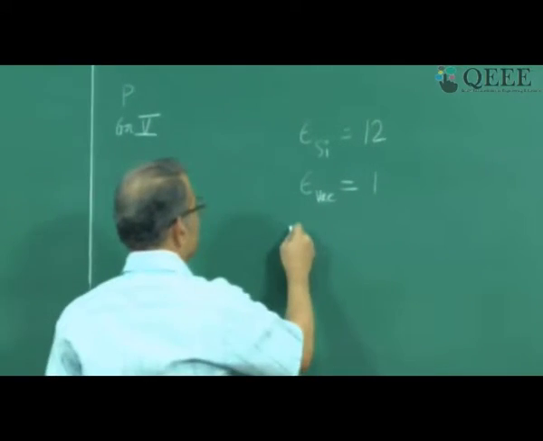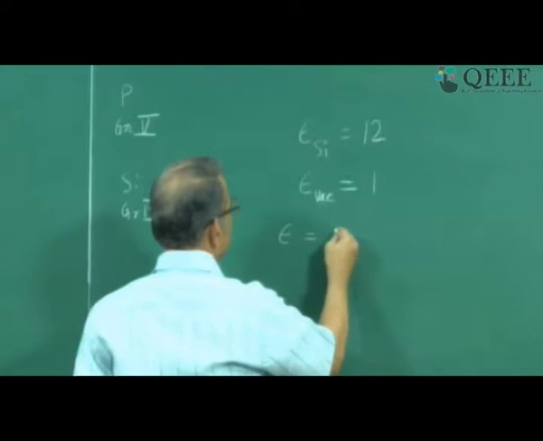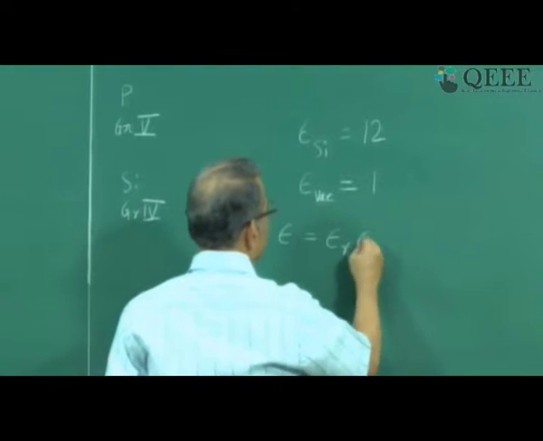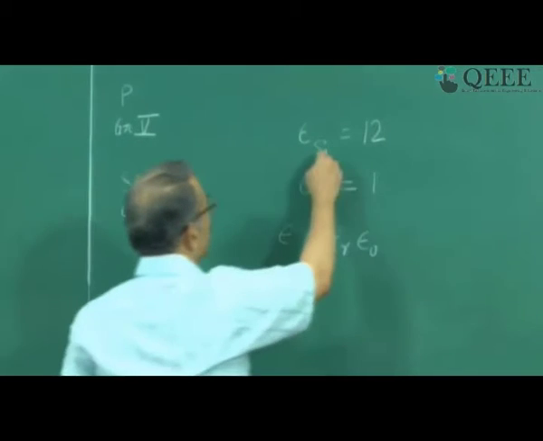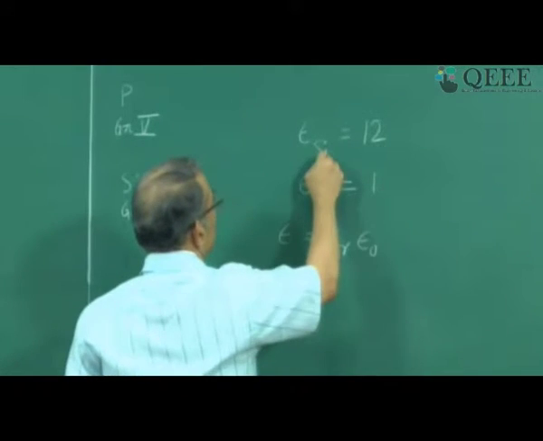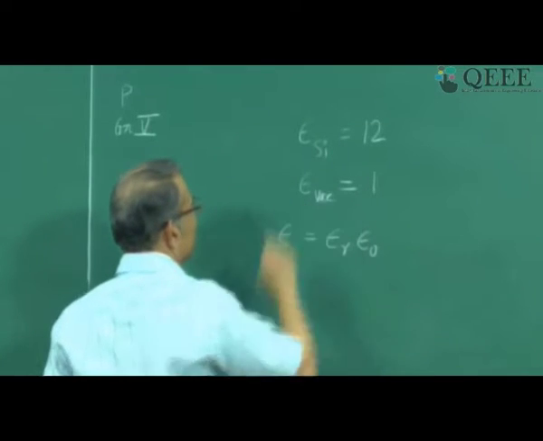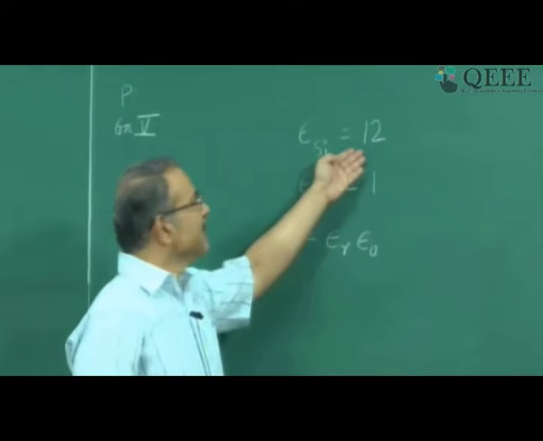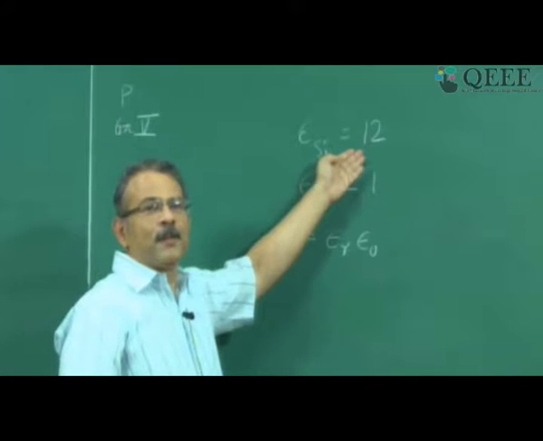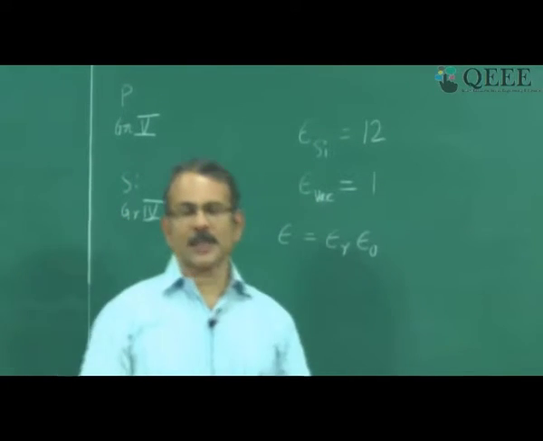If you want to write the expression for permittivity, permittivity is given by the relative dielectric constant times epsilon naught, and these are epsilon r's. This is epsilon r for silicon and this is epsilon r for vacuum. So because of this large dielectric constant, the force between charges is reduced.